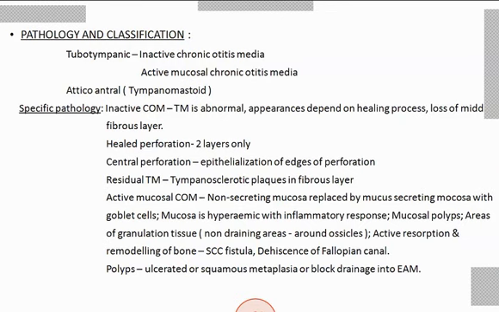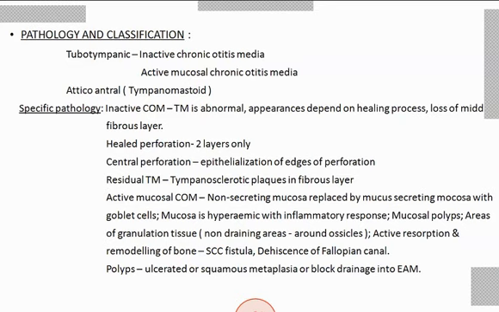Tubotympanic type is again subdivided into inactive chronic otitis media or active mucosal chronic otitis media. Atticoantral type is also subdivided into inactive tympanomastoid type of otitis media, or active squamosal type of otitis media. So that we consider later.